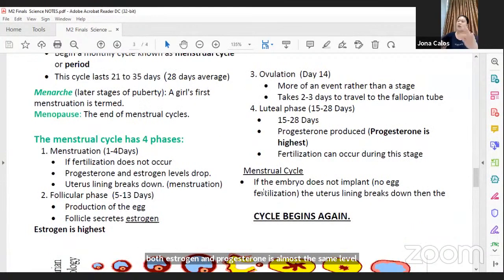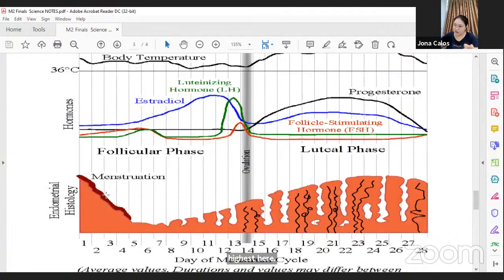So here, during menstruation, the wall, this is the uterus wall, starts to decrease. And on the follicular phase, the uterus lining is somewhat thin, and then it starts to become thicker.